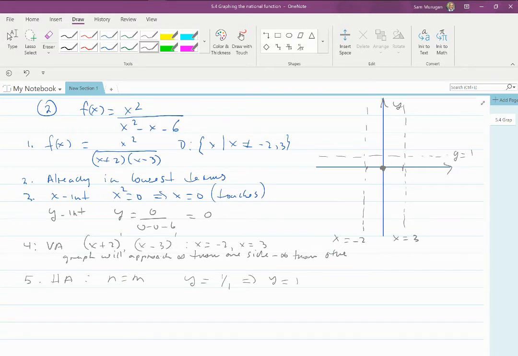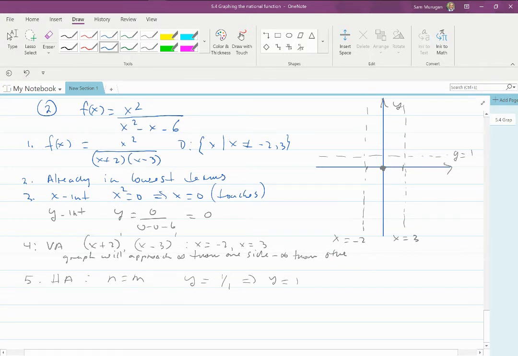This kind of helps us to complete the graph because a graph can only intersect a horizontal asymptote once, and it has to touch here. I want you to see my reasoning. It has to touch here. If it were to turn up like a U, like this, it would intersect the horizontal asymptote twice, which is not possible.